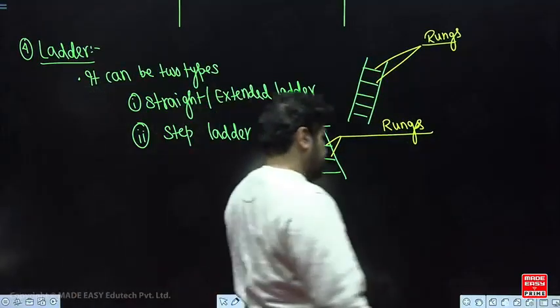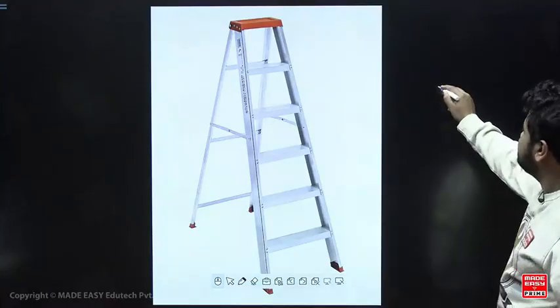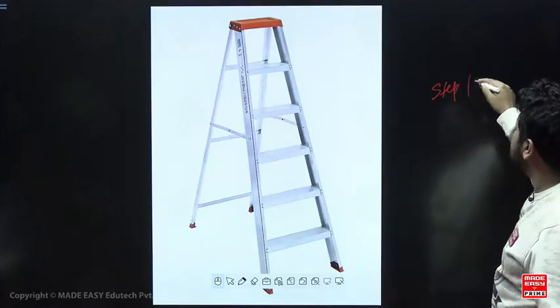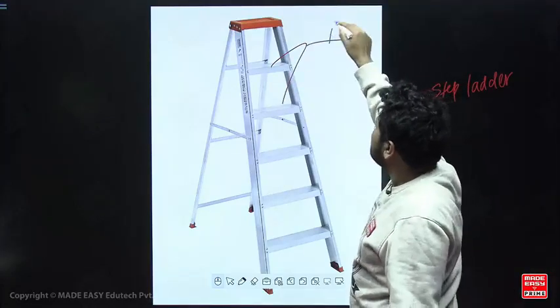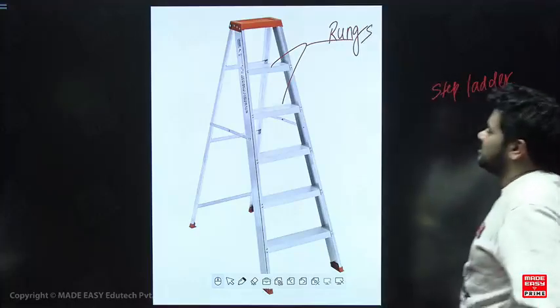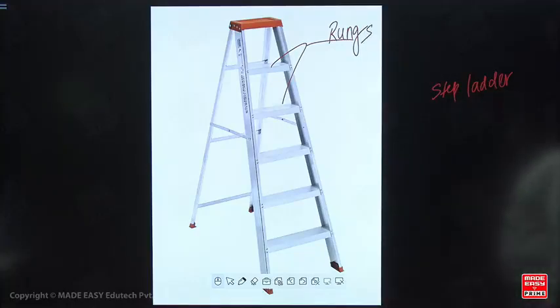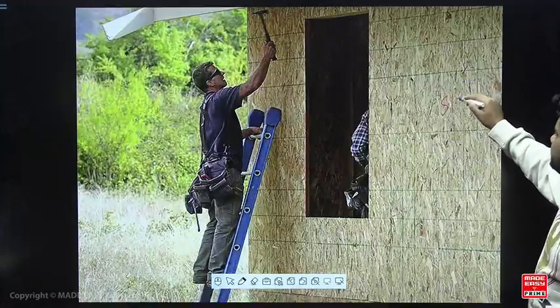Now one thing that you have to observe in this: this is a ladder, this is called a step ladder. This is your step ladder, correct? And these are called as rung, R-U-N-G. Rungs, plural; rung, singular. Okay. This is called as straight ladder.